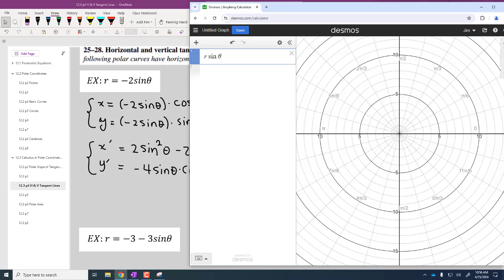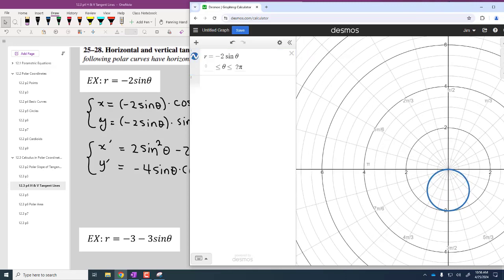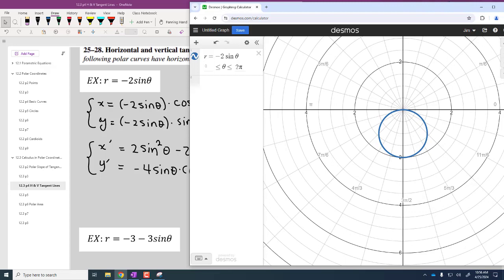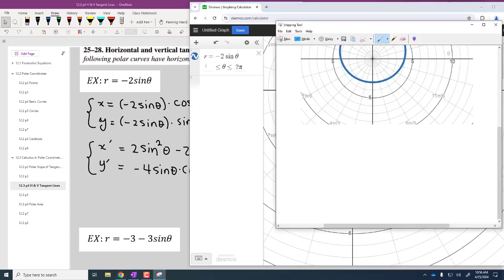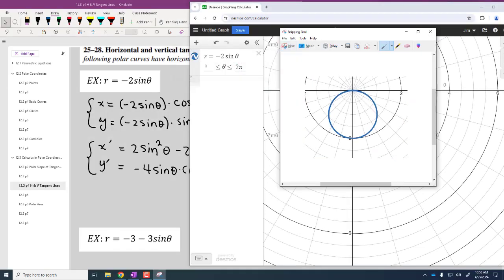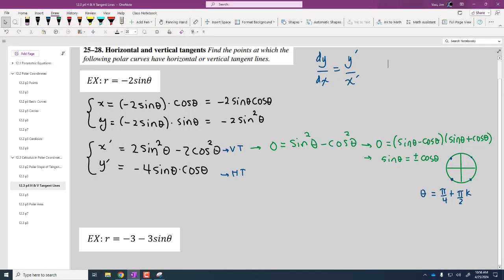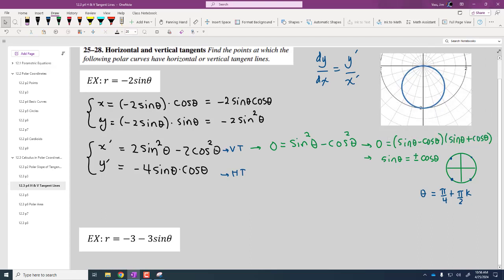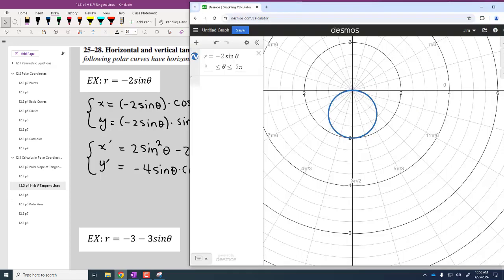So if we look at our graph, I want you to notice a couple of things. Let's just get it up here first. Okay, let's notice that if we go from 0 to pi, don't we get the same graph?